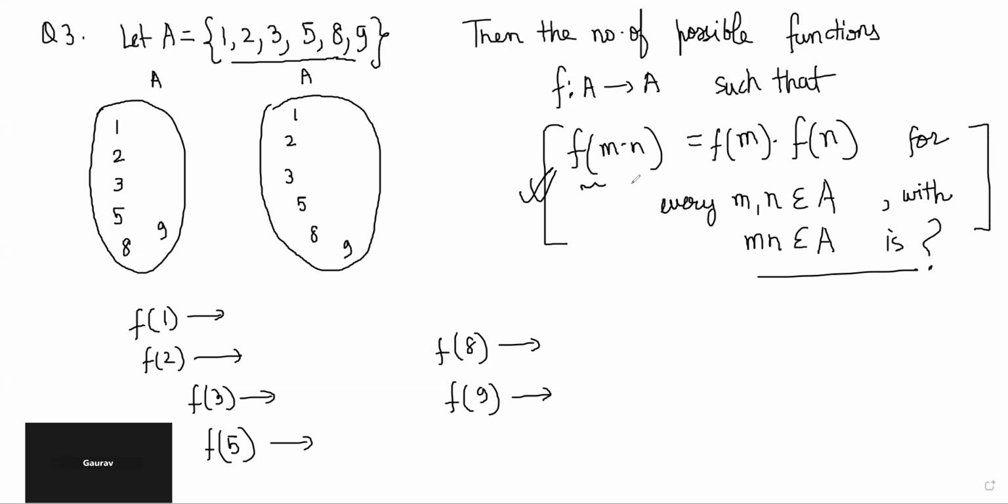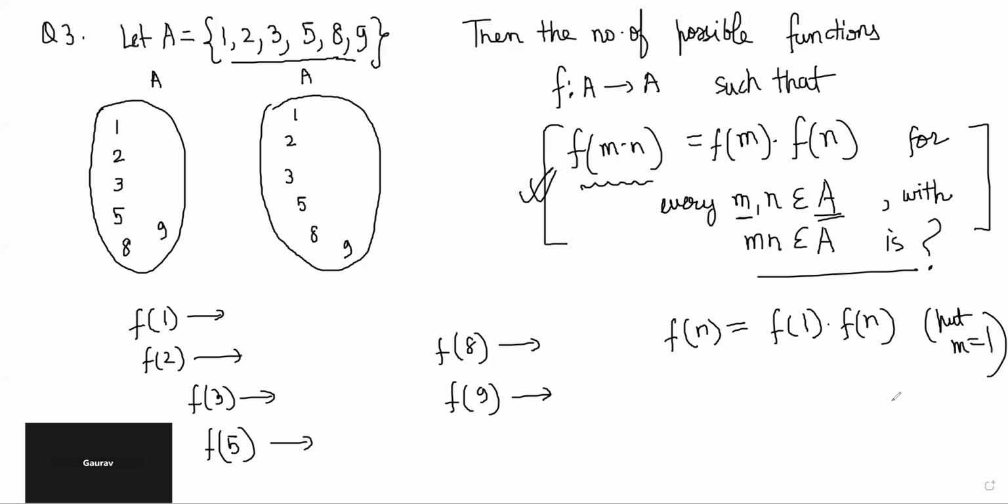For example, if I put m equal to 1 here, 1 belongs to the set A. So we can say f of n is equal to f of 1 into f of n. What can we get from here?